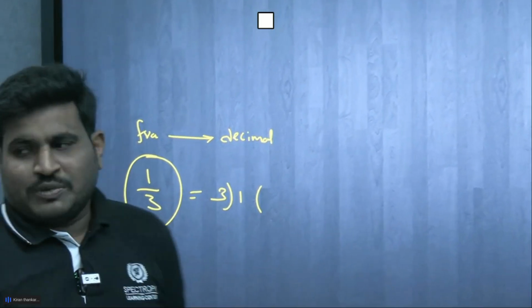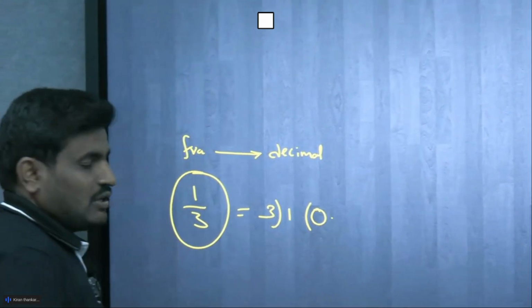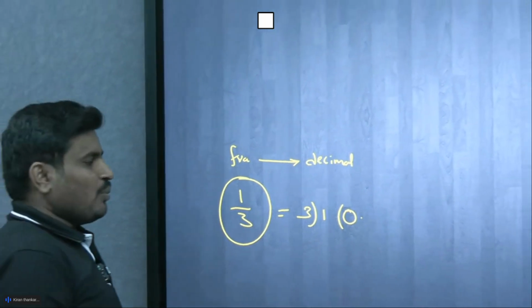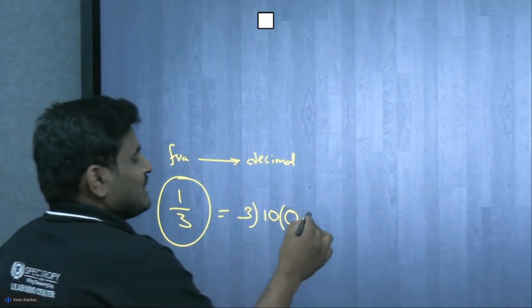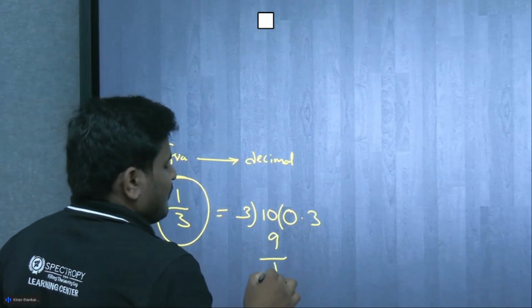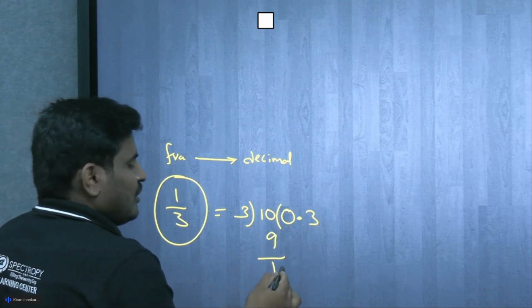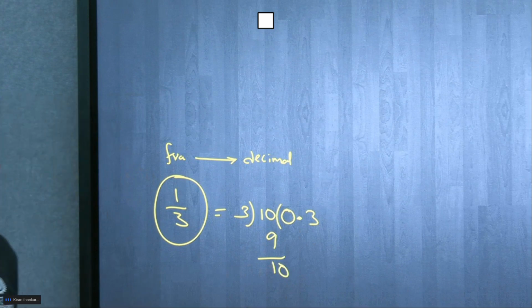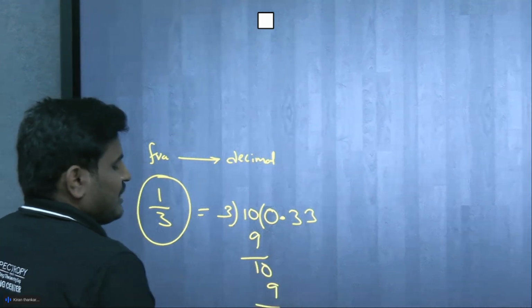1/3 means let us take the divisor as 3 and 1 as the dividend. 1 in 3 is not possible, so let us take 0 and keep the decimal point. Then 3 ones here, also keep that 0. 3 3s are 9, which leaves 1. Again, after the decimal point, take 1 times 0. 3 3s are 9, then we get 1.